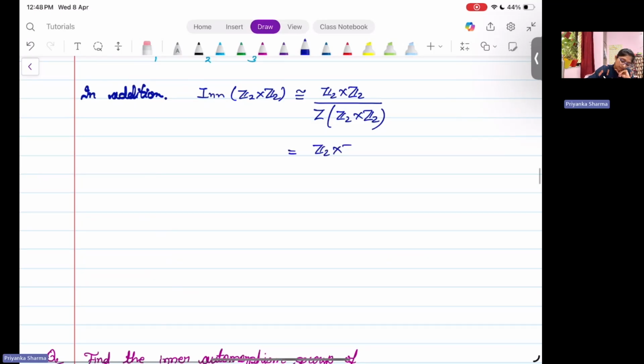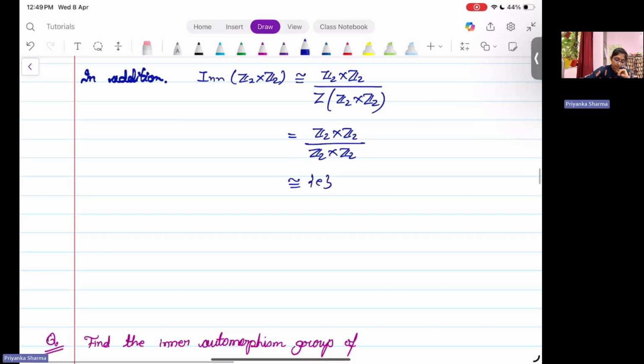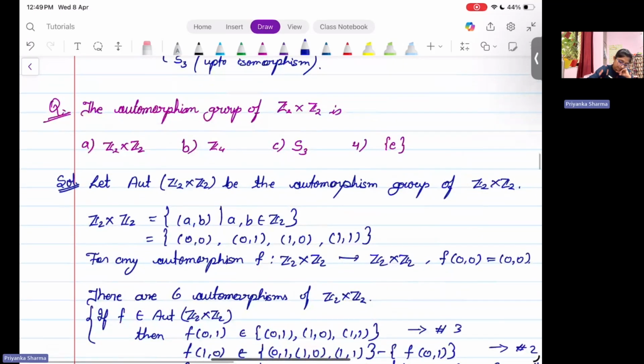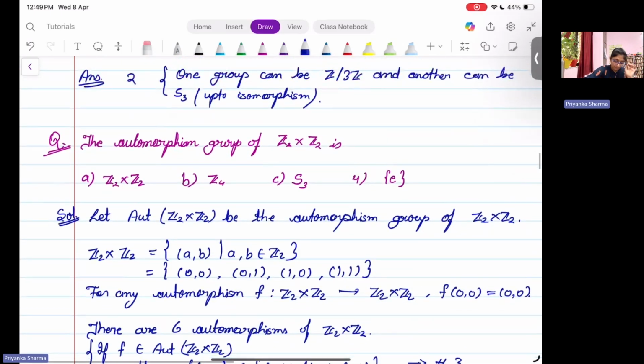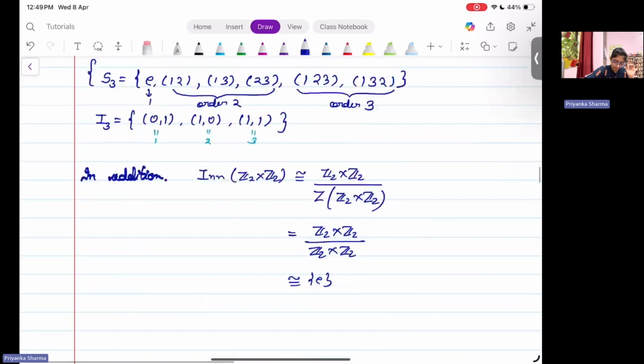So this will be Z2 × Z2 by Z2 × Z2, which is isomorphic to the identity. If the question was this, then option 4 would be correct. But here the answer is different.